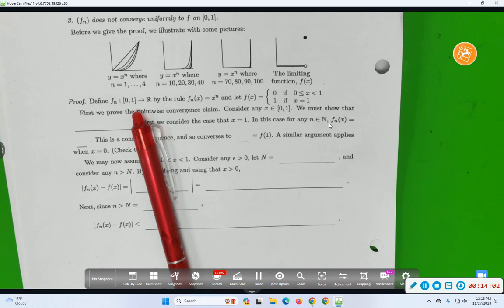So what is it that you want to prove? There are two versions of it.